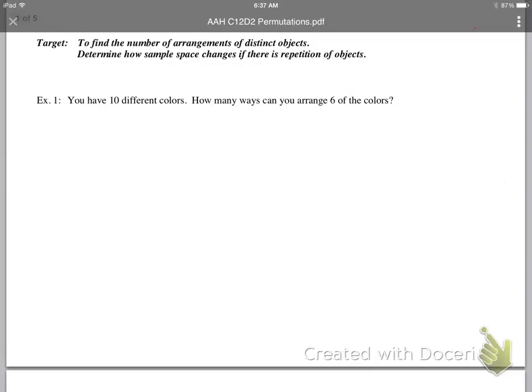Therefore, what I'm going to do is, 10 different colors. So to arrange those, I want 6 different colors, so don't I do 10 times 9 times 8 times 7 times 6 times 5, right? That would be arranging 6 of the 10 different colors.